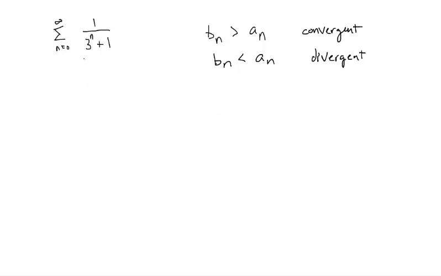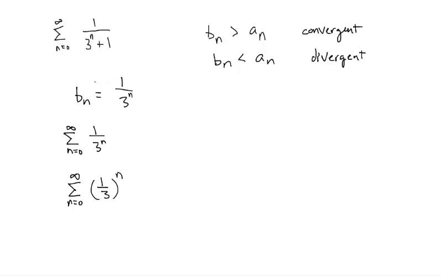So in the problem we have here, we're going to use b sub n as 1 over 3 raised to the n. So now we're going to look at the series 1 over 3 raised to the n. And if we rewrite this, we could say that this is the same as 1 over 3 all raised to the n.